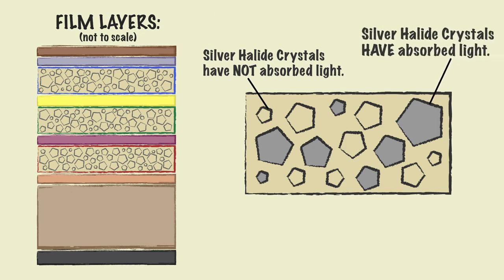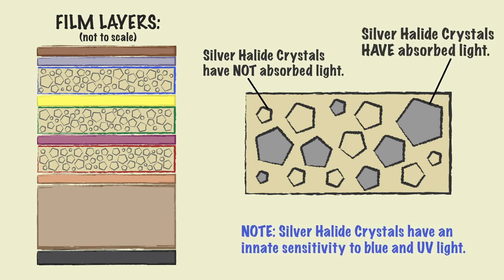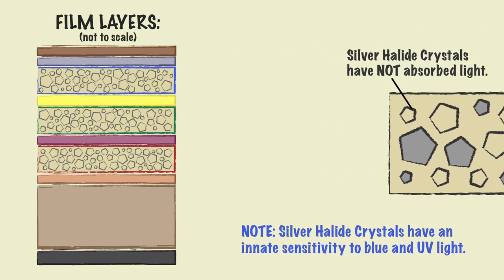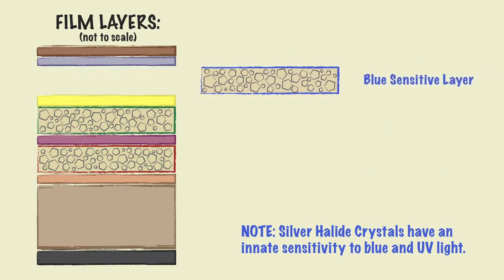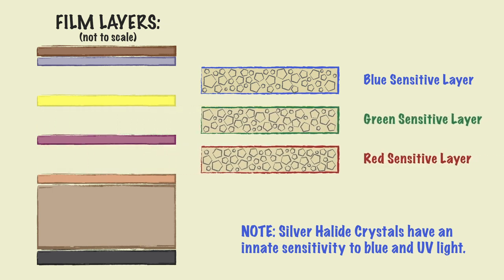However, it's important to know that these crystals have an innate sensitivity to blue and ultraviolet light. Because of this, the blue sensitive layer is placed at the top. Next, there is the green and red sensitive layers. But as we established before, silver halide is always naturally sensitive to blue.